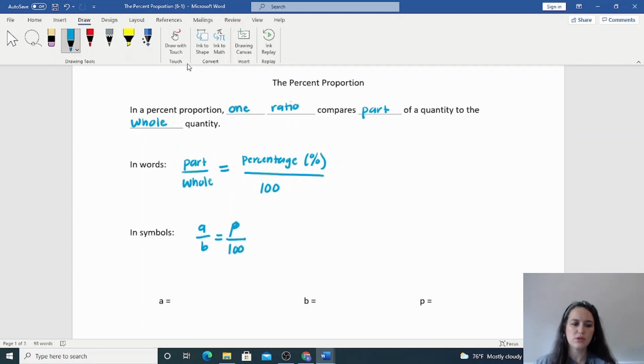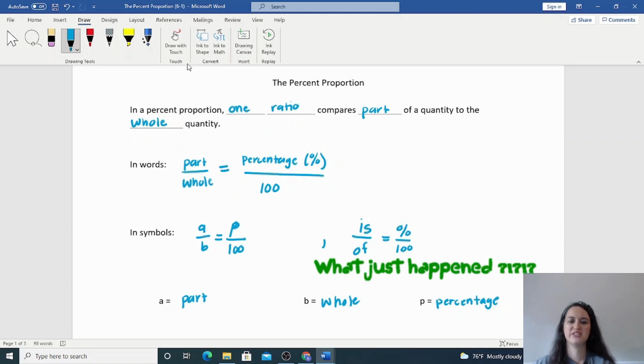Again, A is the part, B is the whole, and P is the percentage. Sometimes you'll see it like A over B equals P over 100. I've also seen it with words as the is over the of equals the percentage over 100. And that's going to make sense in just a second.